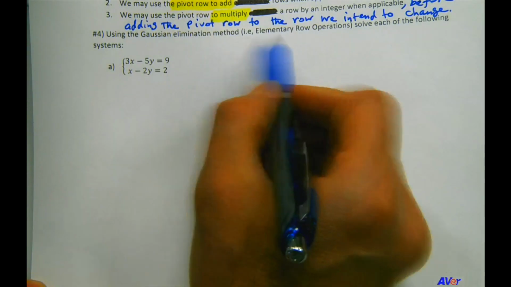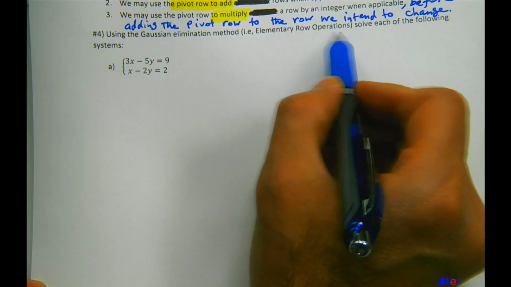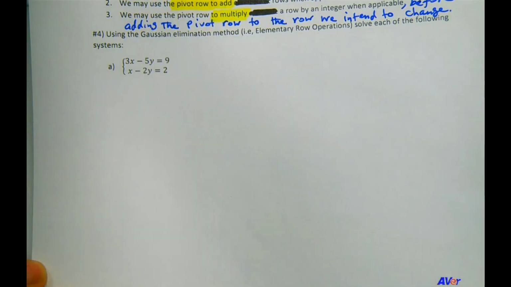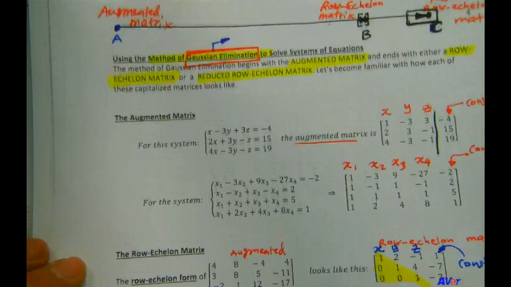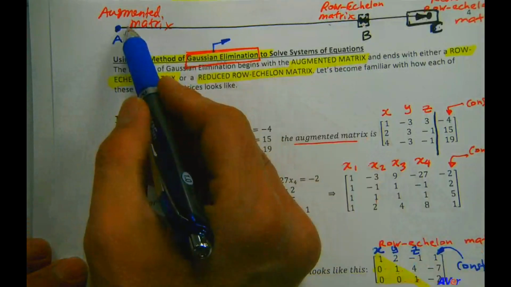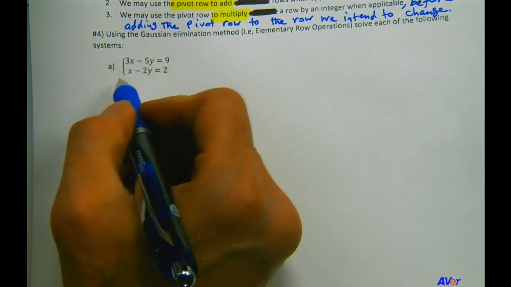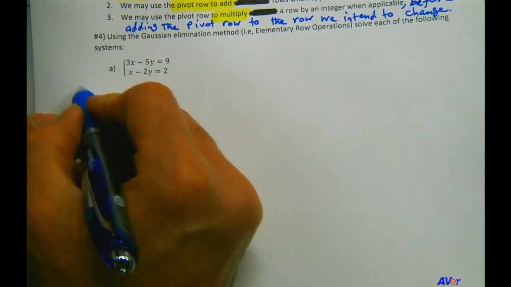So here they're saying using the Gaussian elimination method or elementary row operations, solve each of the following systems. Well, do you remember when I was talking about that diagram, where does the Gaussian elimination begin? It begins with the augmented matrix, right? So let's write down the augmented matrix for this.